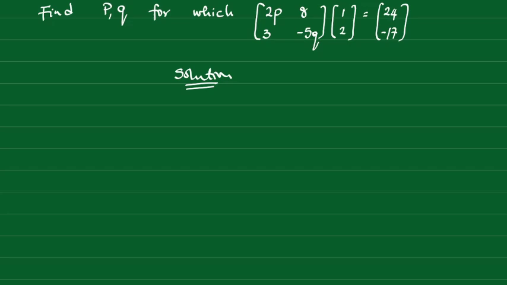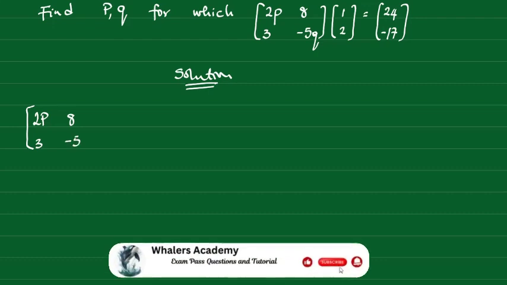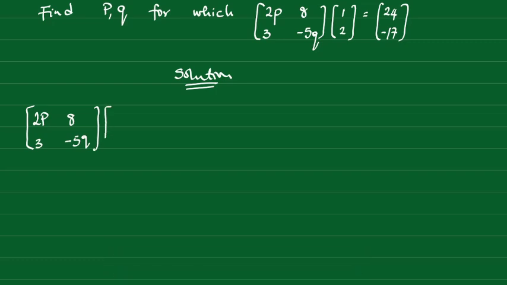Hence, in finding P and Q, we have (2p 8; 3 -5q) times (1; 2) is equal to (24; -17). Now, having copied out the operation that we've been given, we proceed to multiply.